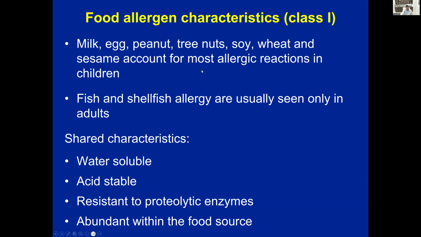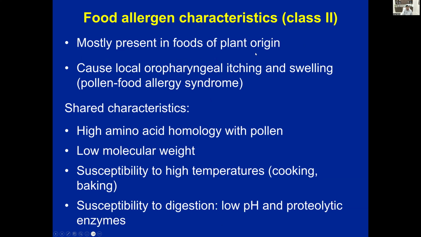So these are what we call class 1 antigens. These are mostly responsible for anaphylaxis. And then you have more minor antigens. These are called class 2 antigens. These are mostly present in foods of plant origin and generally won't cause anaphylaxis, but will cause localized itching and swelling, what we call pollen food allergy syndrome.